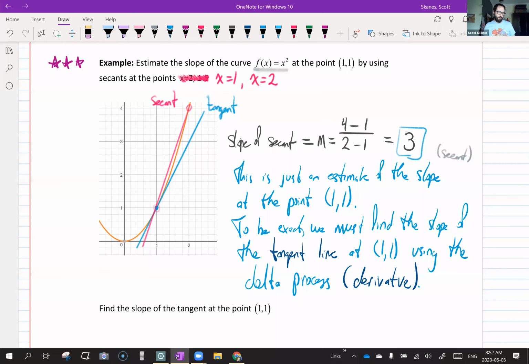I'm going to show you how that works. But this is the idea. Secant, not great. Tangent, exact. Just a little bit extra work. Let's go ahead and do this, okay?